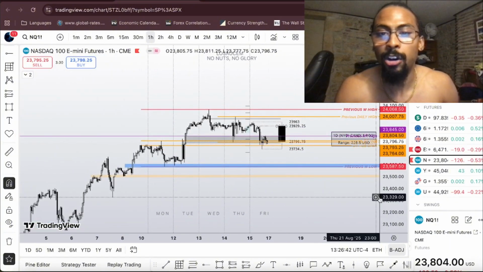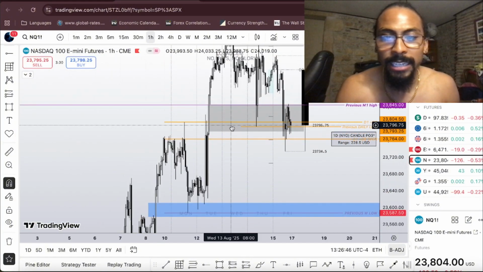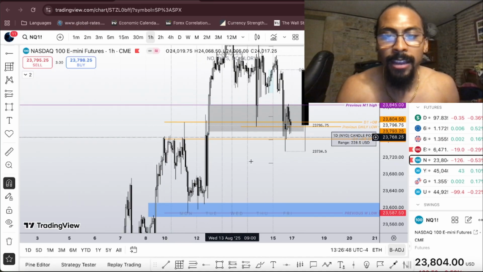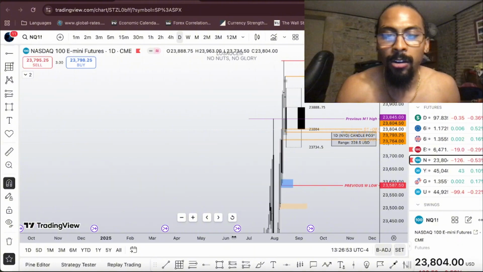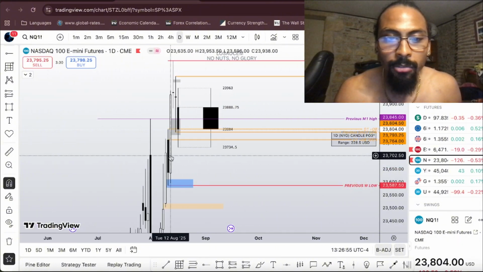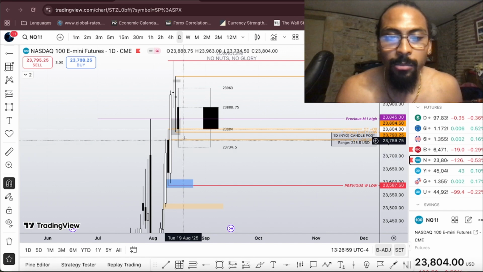Now Nasdaq is a little bit weaker than ES right now. We did not close through this inefficiency yet. I do want to see if this daily down close candle, the mean threshold, can hold price. I want to see us quickly reject away from there.